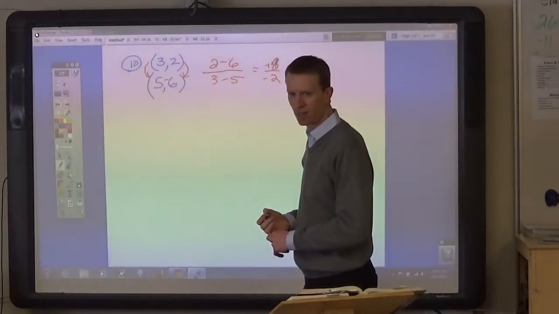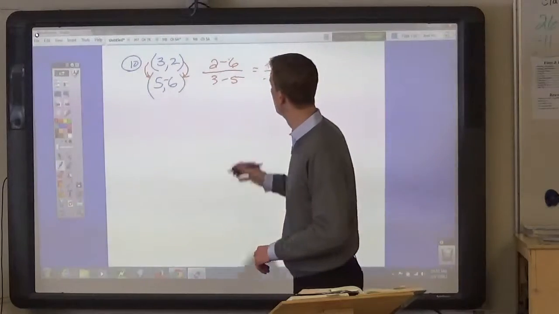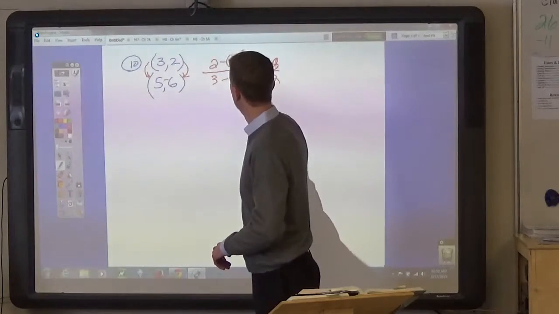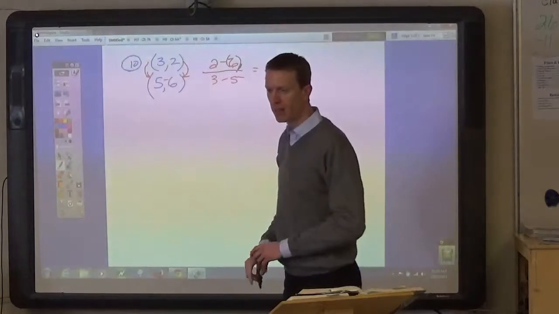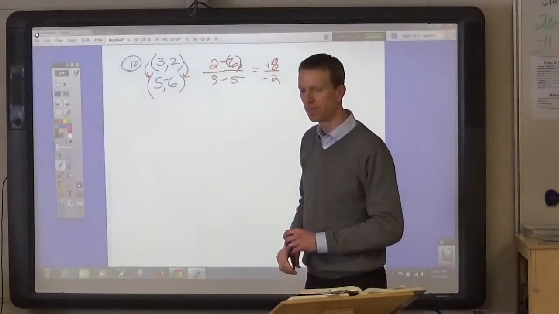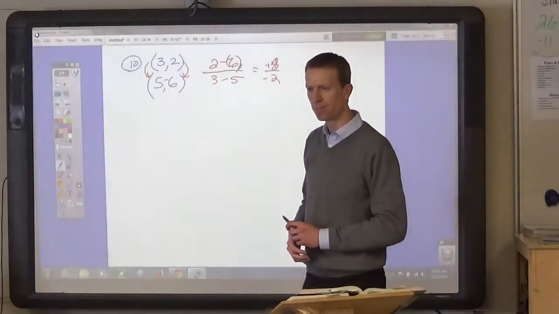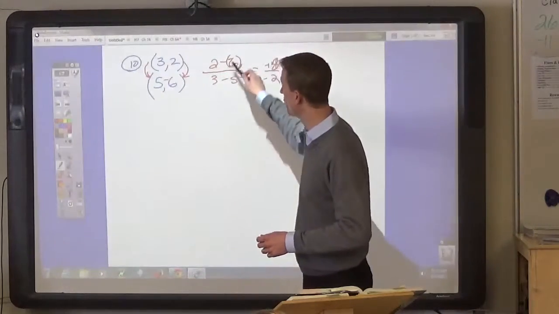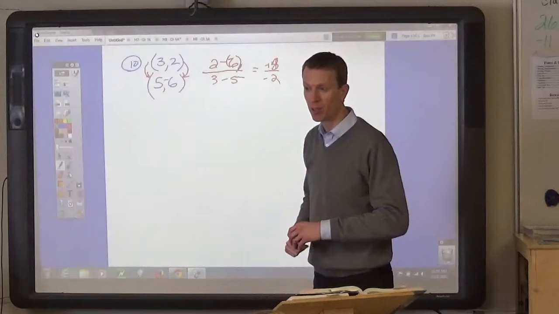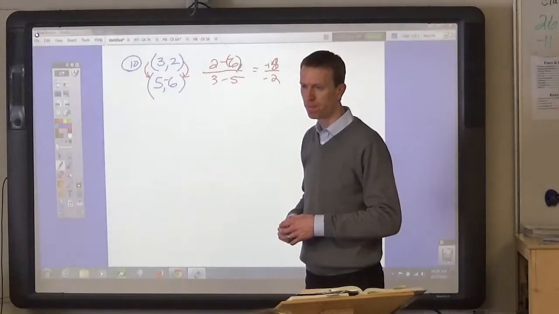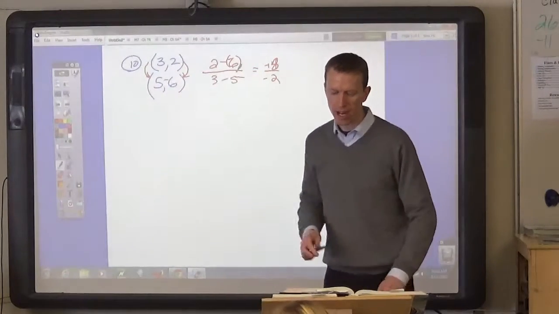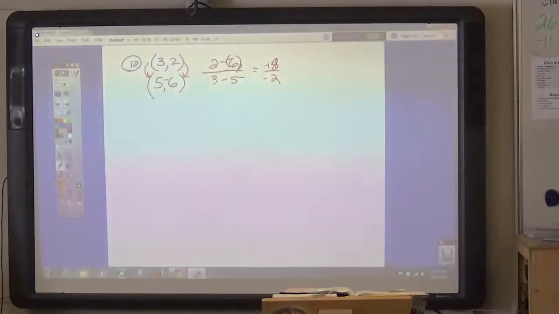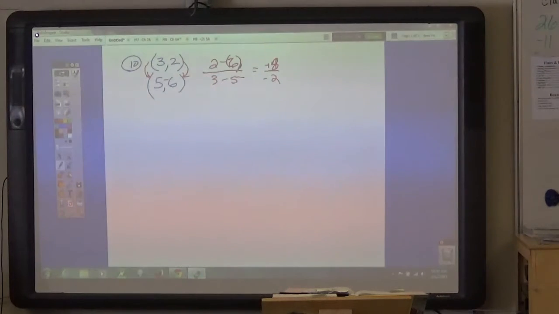Sometimes you'll see the minus sign separated by parentheses, just because if you're substituting a negative number in, you might put it in parentheses. Okay? So again, you're just subtracting the y's, finding the difference in the y coordinates over the difference in the x coordinates for this lesson.